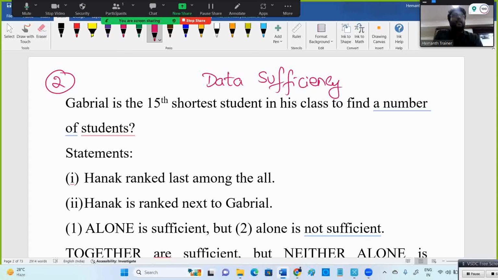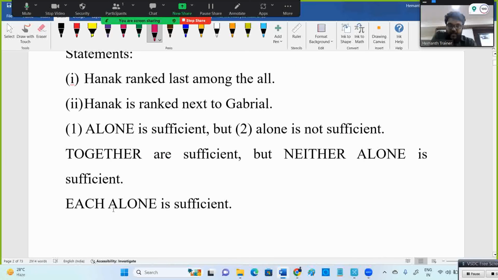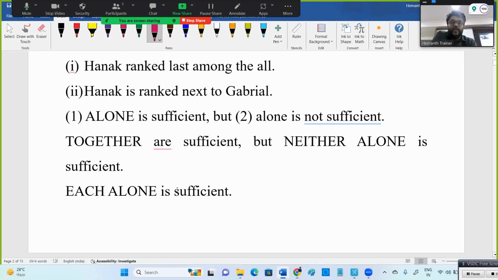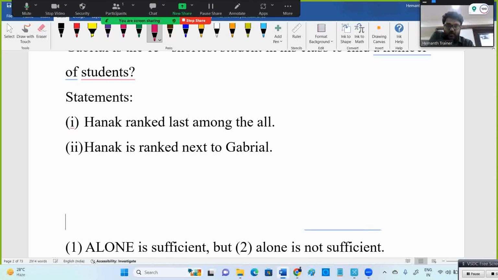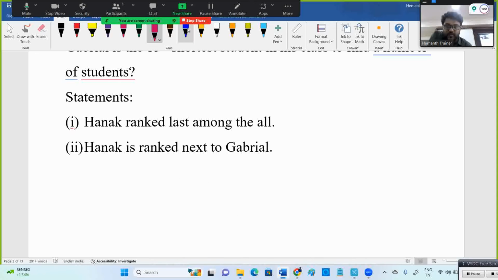If not possible, go for together. If one alone is possible, also try two alone as well, because there is an option that each statement alone is sufficient. So don't stop with one alone. You have to try two alone as well. So first I will try one alone, then we'll see two alone, or else we'll go for together.